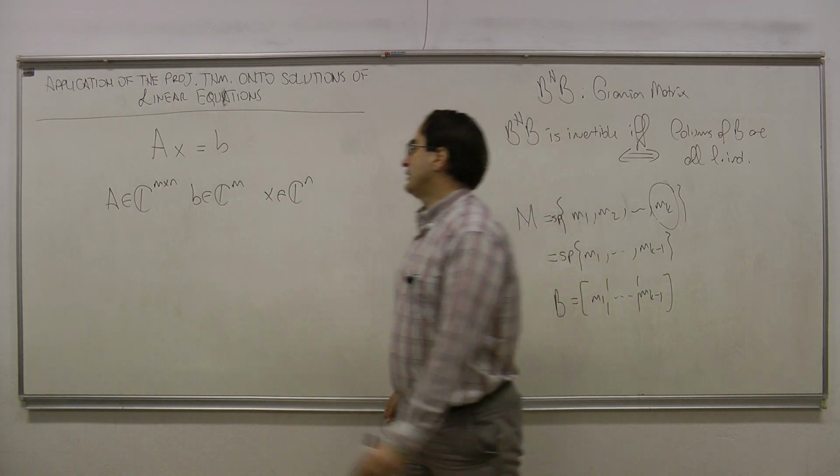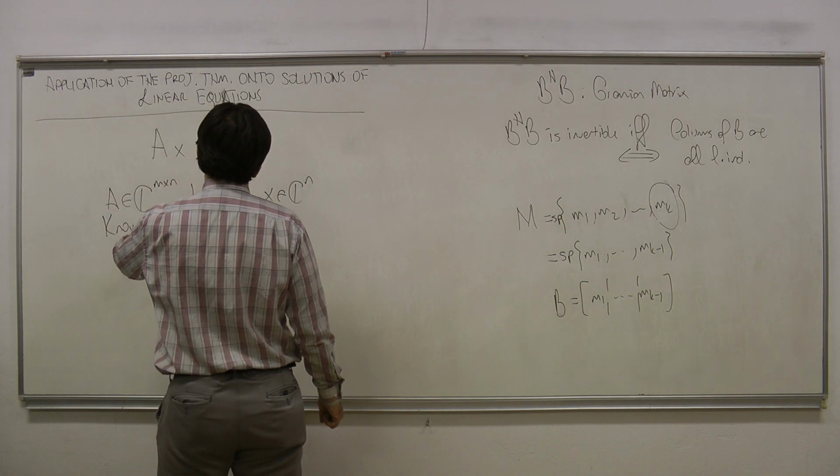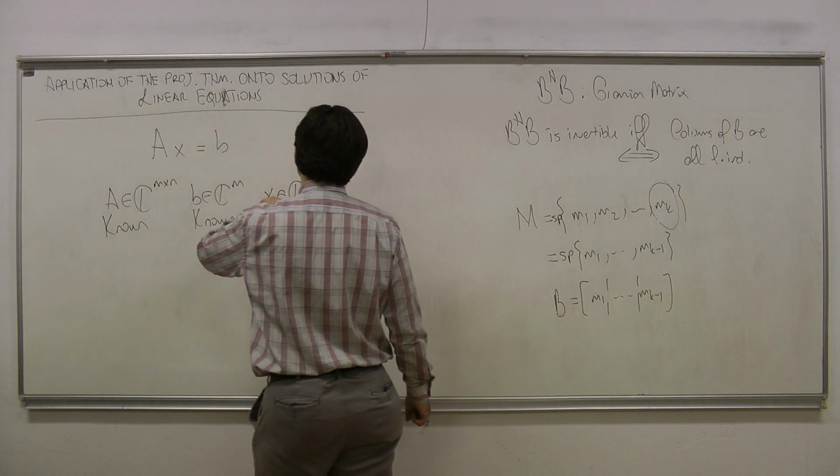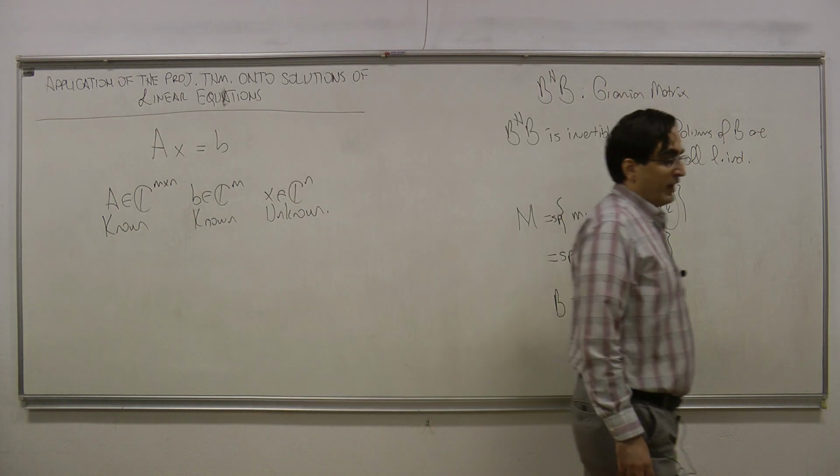Here A is known, b is known, and x is unknown. We would like to solve this equation for x.